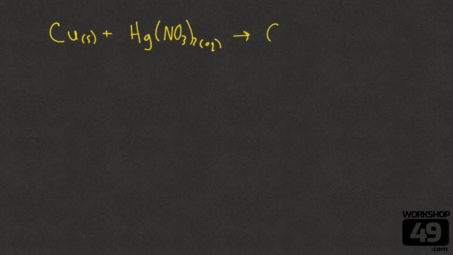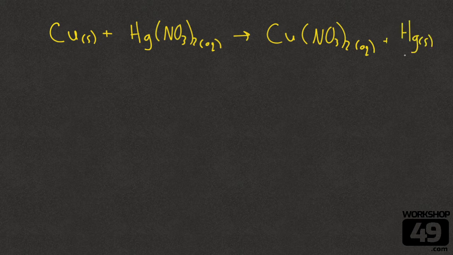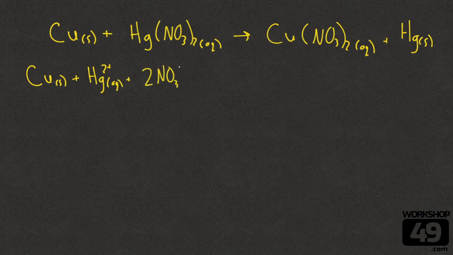And this is going to produce copper 2 nitrate, which is aqueous, and some mercury metal. Again, we can write out that dissociated equation where we end up with a copper solid plus our mercury ion plus we have 2 nitrate ions.